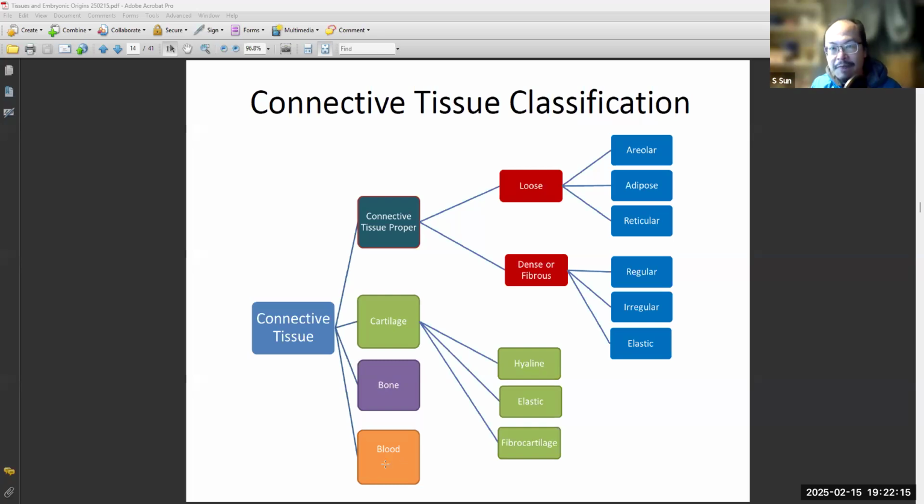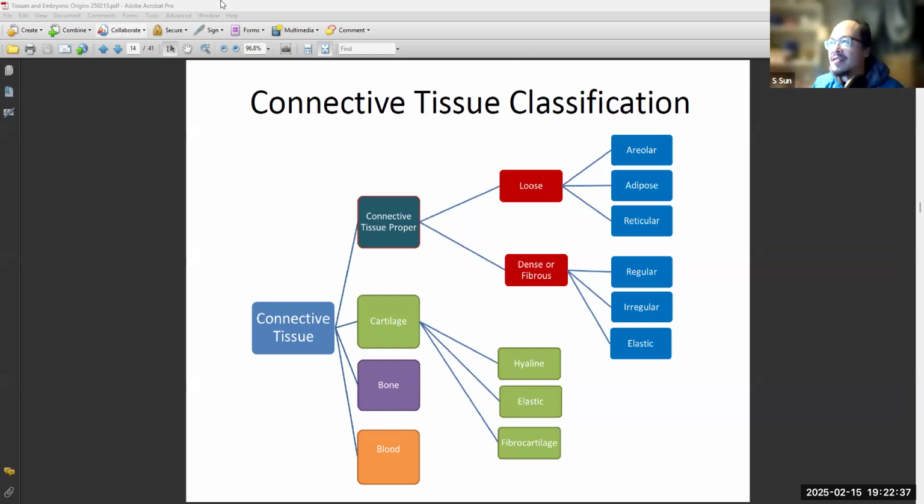Blood is a fluid connective tissue. All this fits into a feature of connective tissue, which is that the cells are sparsely distributed in the matrix.